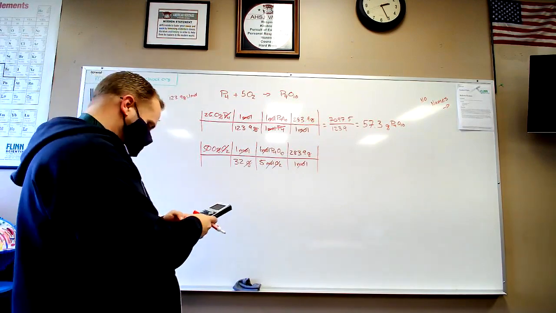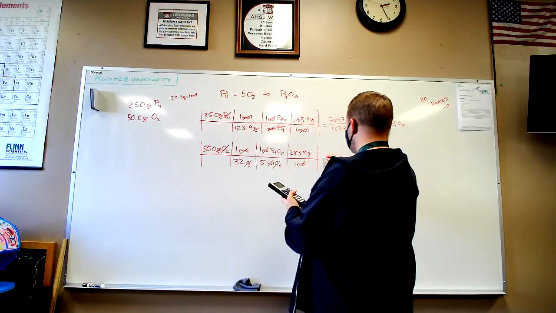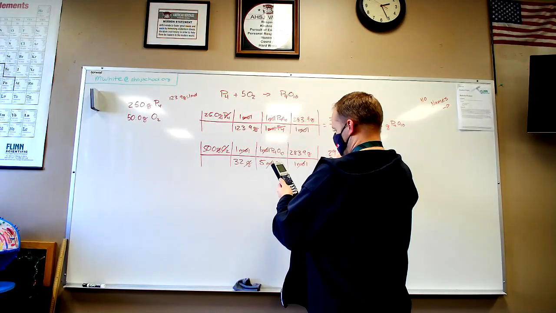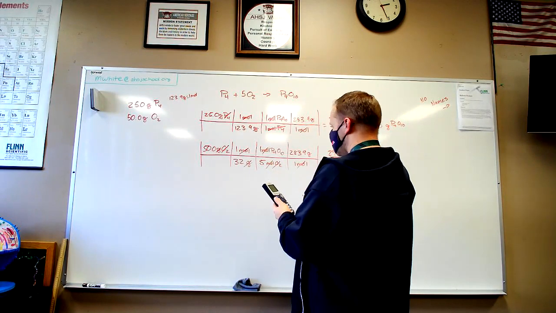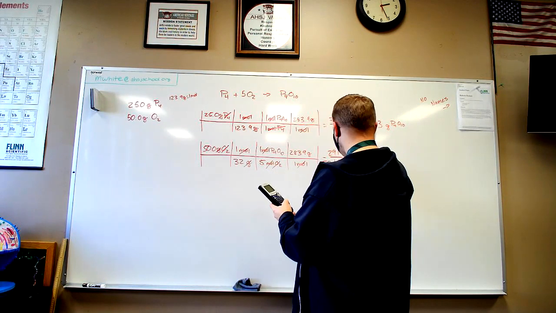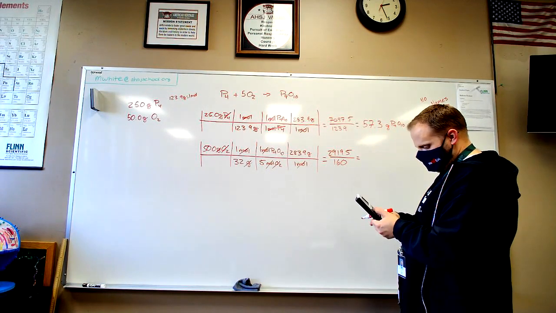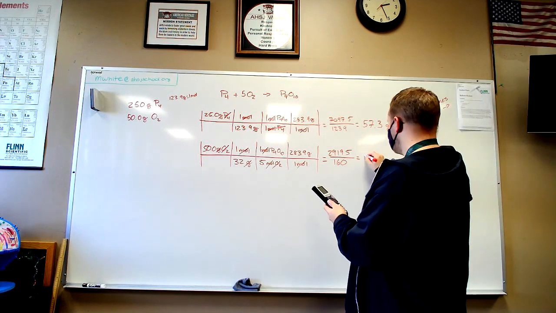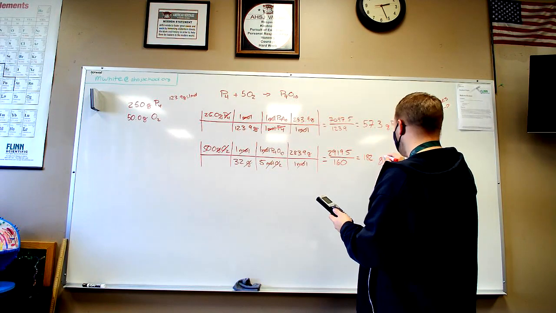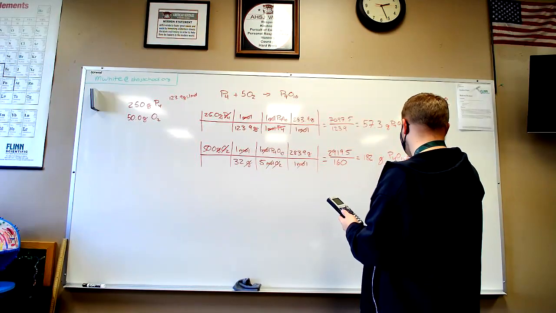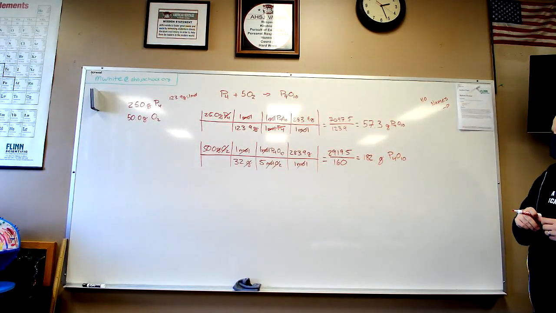Again, we can go to our calculator. Okay, 182 grams of the P4O10.